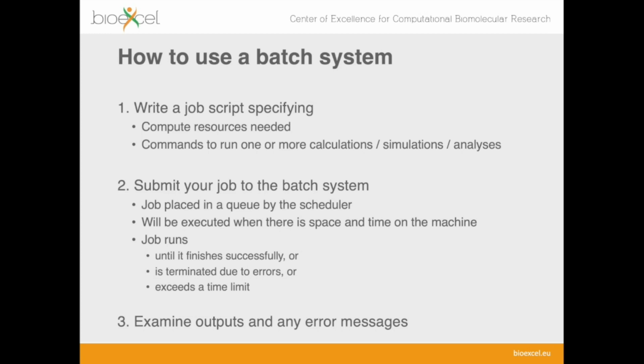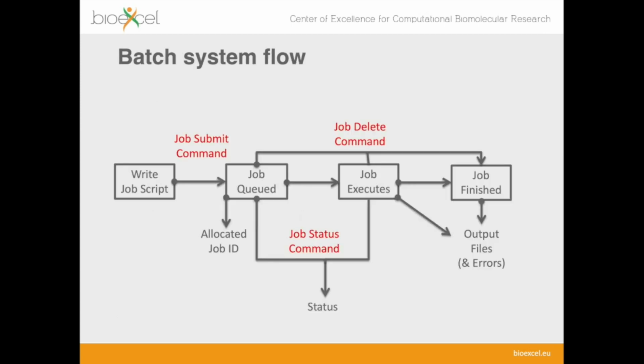So how do you use a batch system? Well, there's a couple of ways. You typically write a job script that specifies what resources you need and then what you actually want to do with those resources. Then you submit that job script to the scheduler. It goes into a queue, and then whenever appropriate resources are available, the job will execute until it either finishes successfully, fails, or exceeds some kind of time limit, and then you look at any outputs and errors.